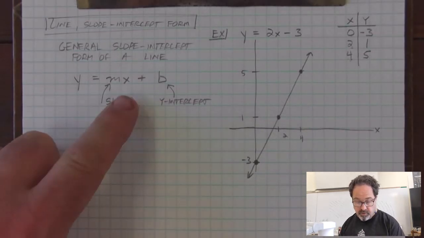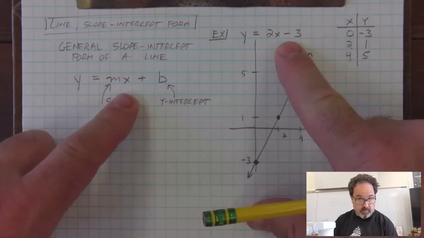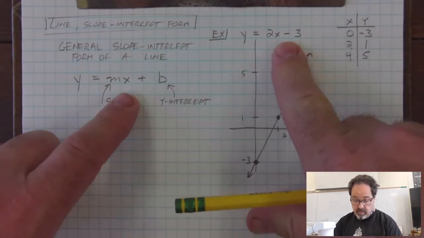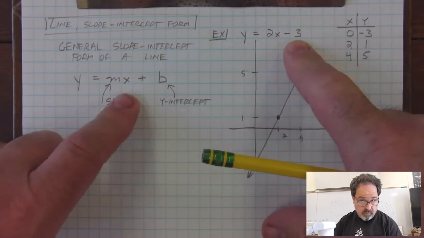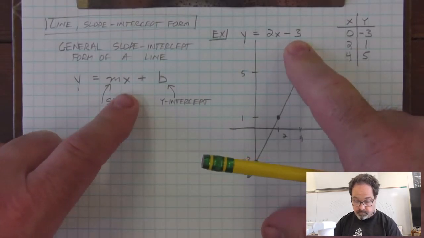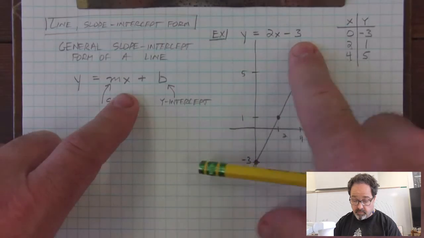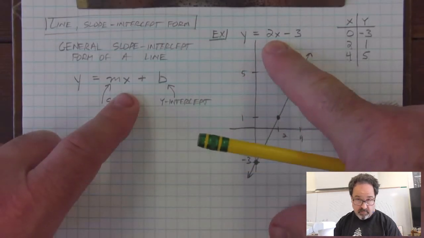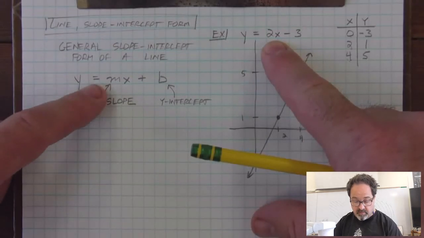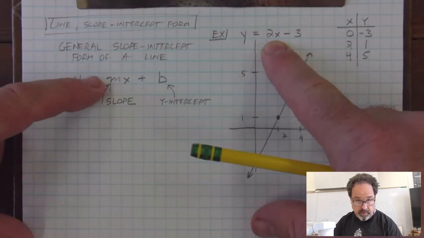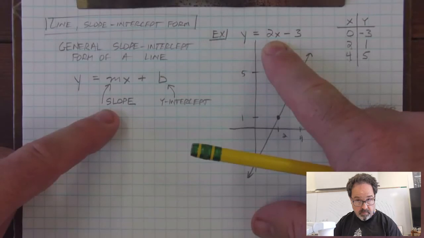If we take a look at our general form and our example, we can see that our example was an equation for a line in slope-intercept form. In our example, the number that multiplied x is 2. In the general form, the number that multiplies x, which we represent with the letter m, is the slope.